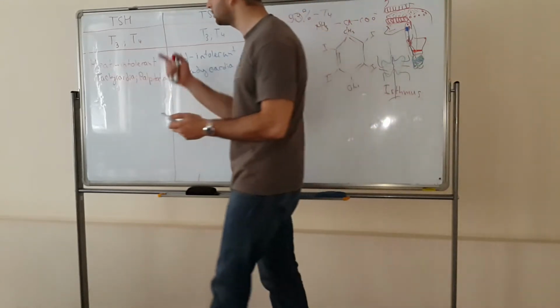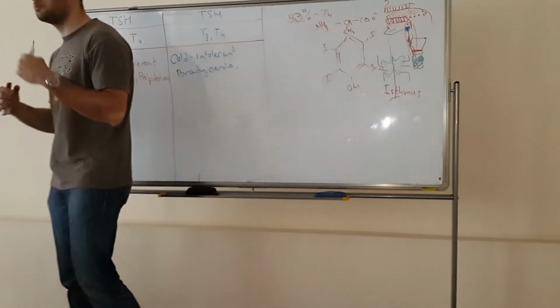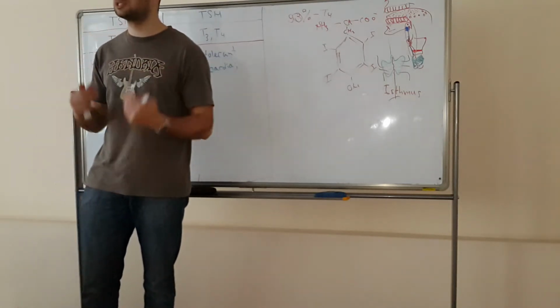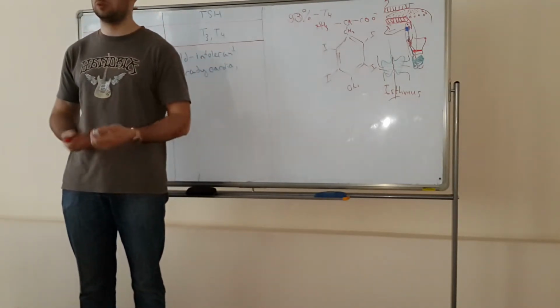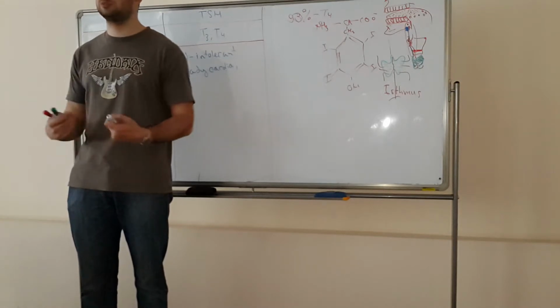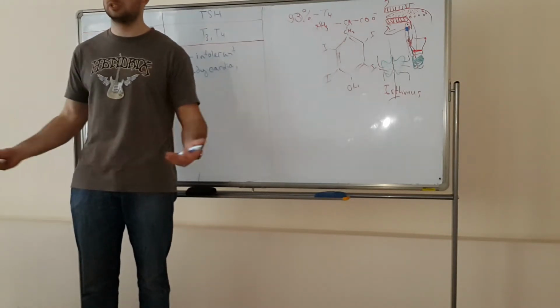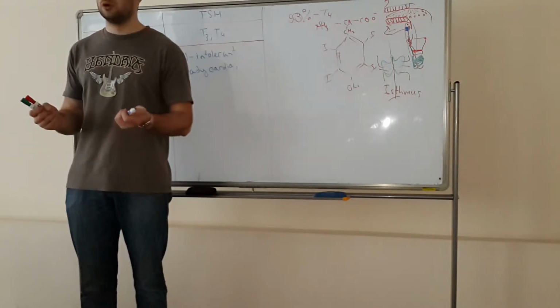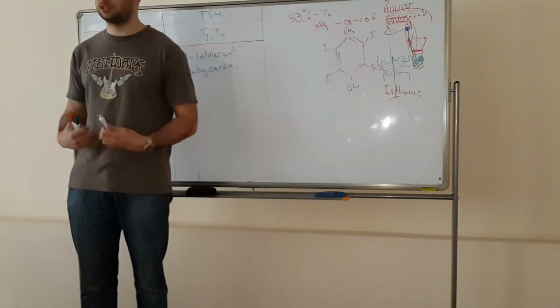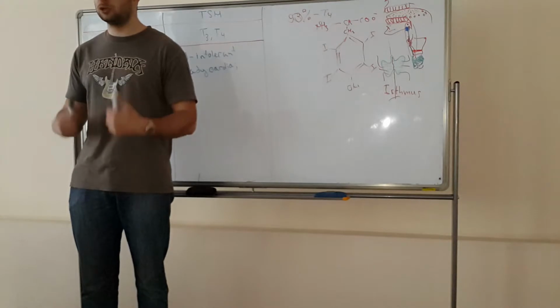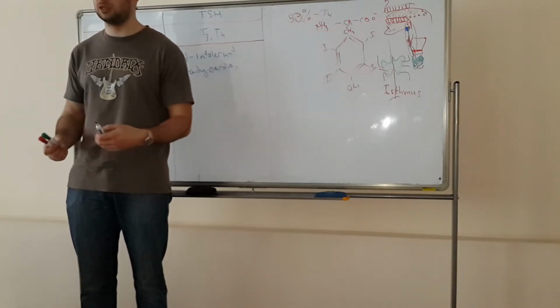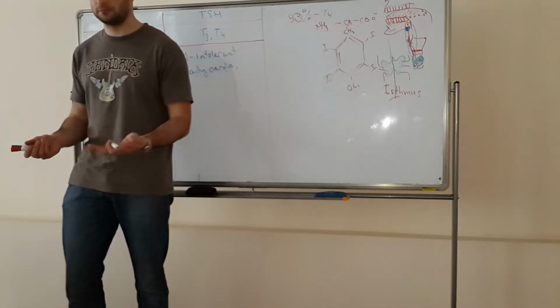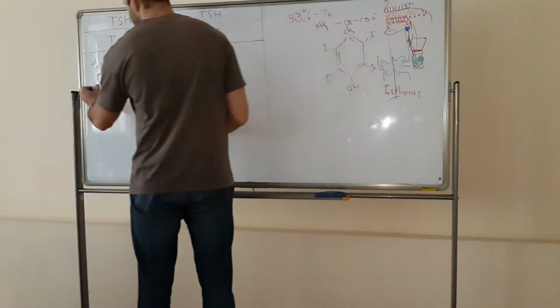Because T3 and T4 are high, and my sympathetic tone is always high, and sympathetic tone prepares me for fight and flight, I'm always active, always ready to run, jump, and so on. So I never rest. If I'm always activated, I have insomnia. I cannot sleep.